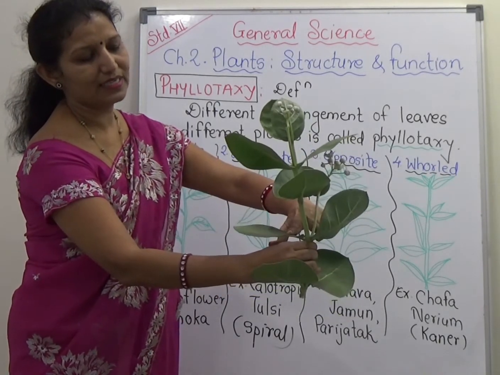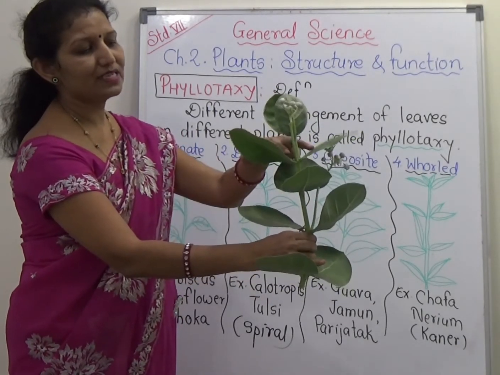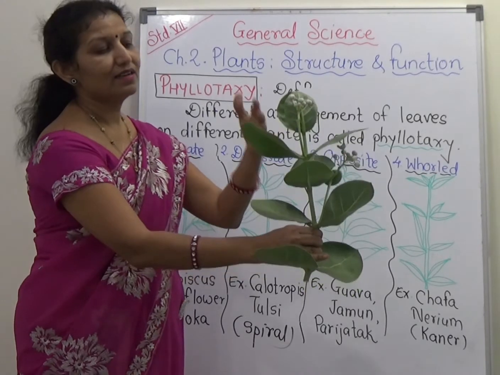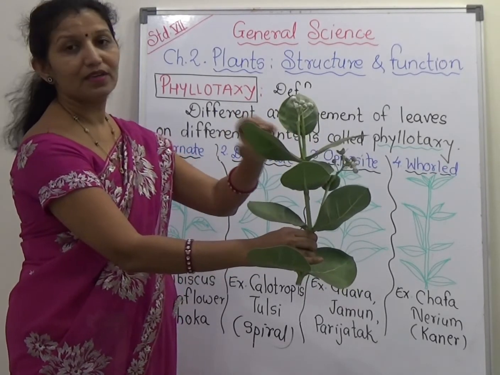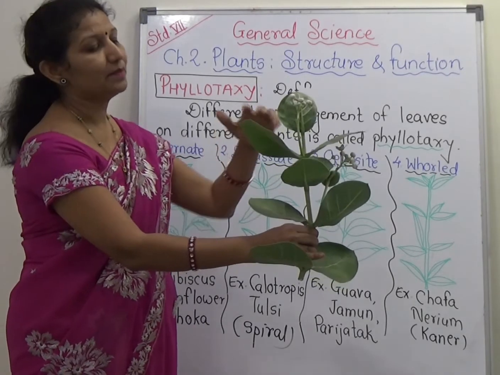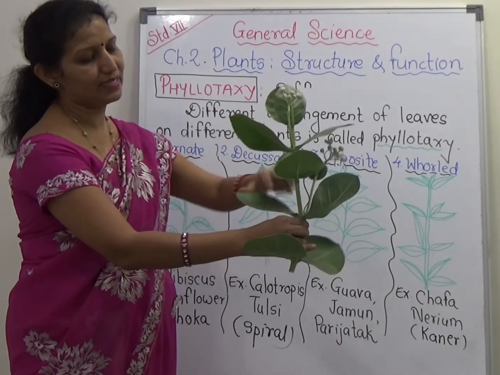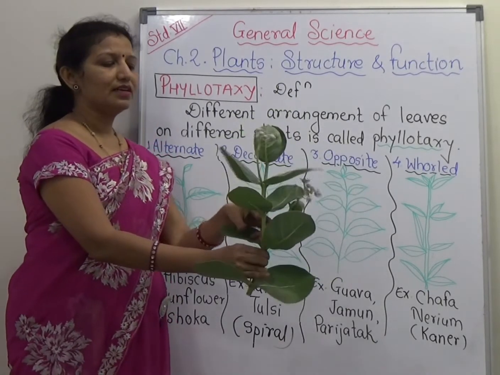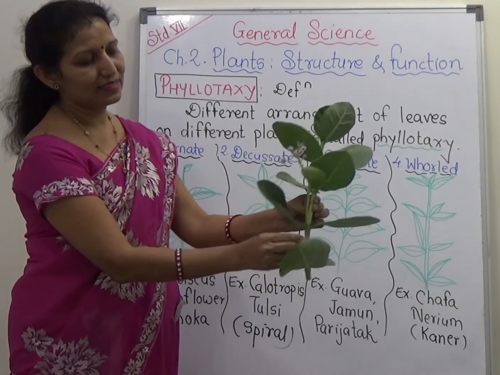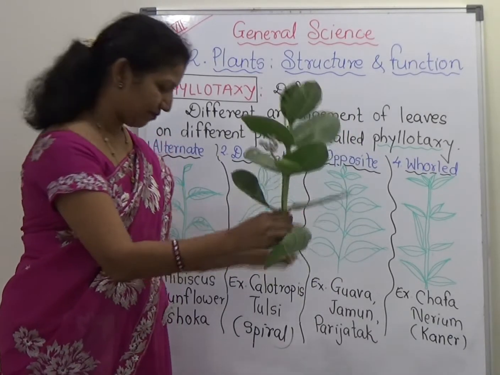This will be to the east-west, this will be to the north-south. In this way, these are arranged at the right angle to one another. That means if it is east-west, the next is north-south, east-west, north-south. In this way, the pairs of leaves are arranged here, and this is the plant of Calotropis.